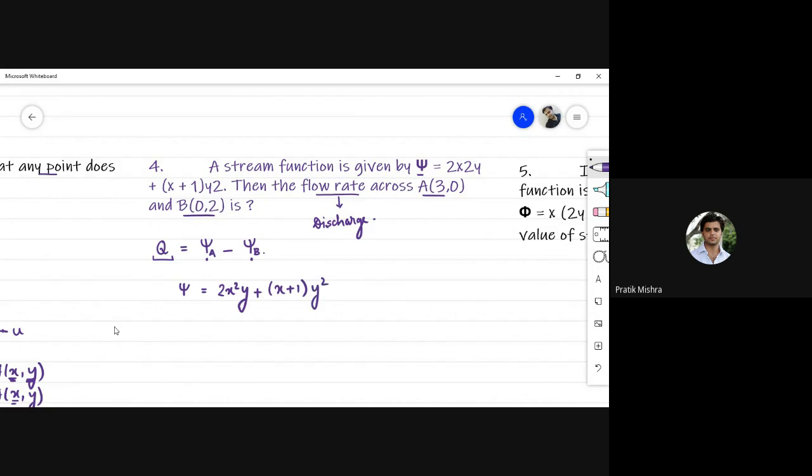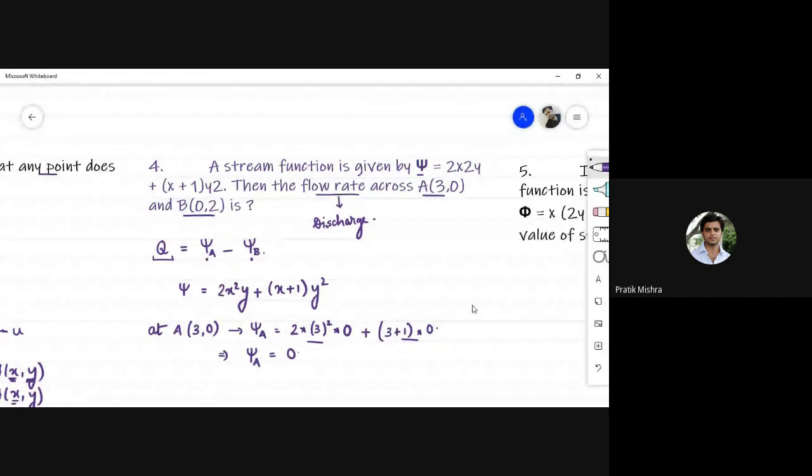At point A, which is (3,0), the value of psi A is 2 into 3 square into 0, plus x is 3 plus 1 into 0. So your psi A comes out to be, this term is 0 and this term is also 0. So your psi A value comes out to be 0.